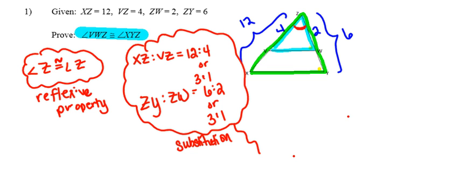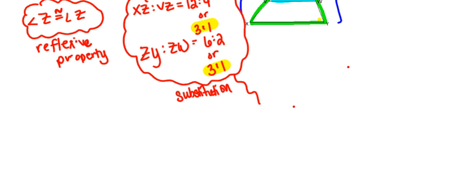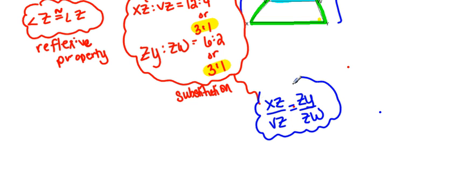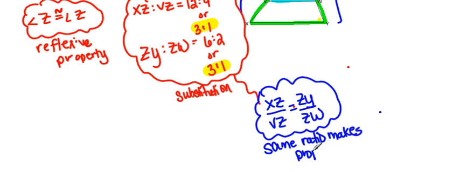Because these side lengths have equal ratios, they're both 3 to 1, what that means is that they're proportional. So I can go ahead now and write my proportion that says that the ratio between XZ and VZ is the same as the ratio between ZY and ZW. And I'm just going to say the same ratio makes the sides proportional. So here I've got my proportional sides.